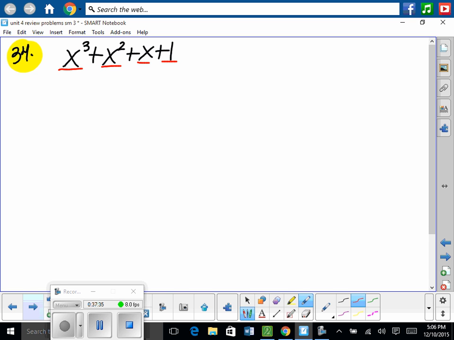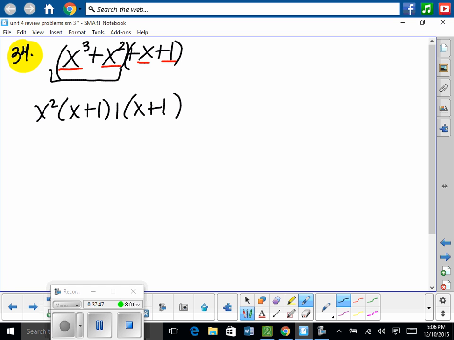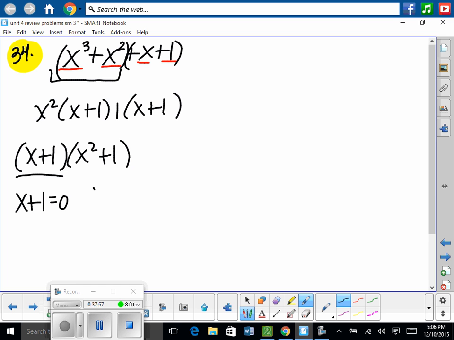I'm just going to say I like to factor if possible. There's 4 terms, so I factor by grouping. So I'm pulling out x squared, left is x plus 1. I'm pulling out 1, so left is x plus 1. Then I pull out x plus 1, and left is x squared plus 1. Now I set each of those equal to 0 and solve.